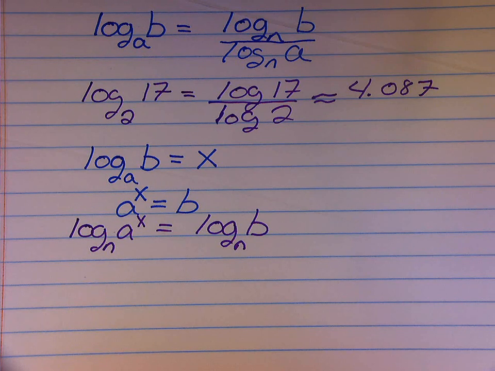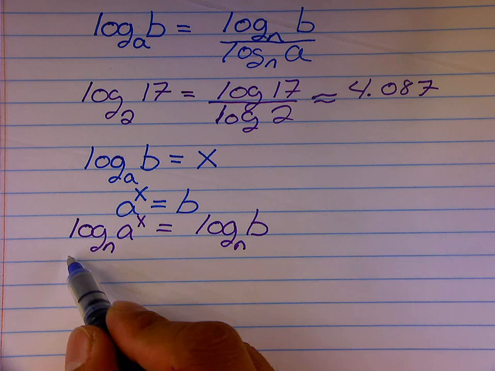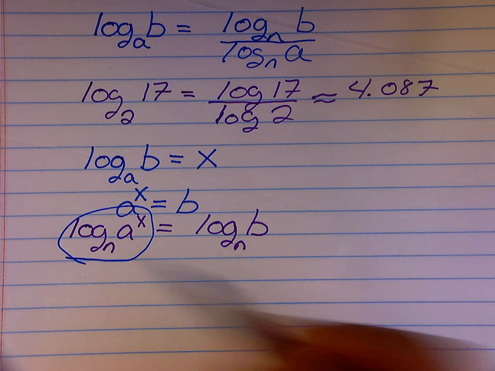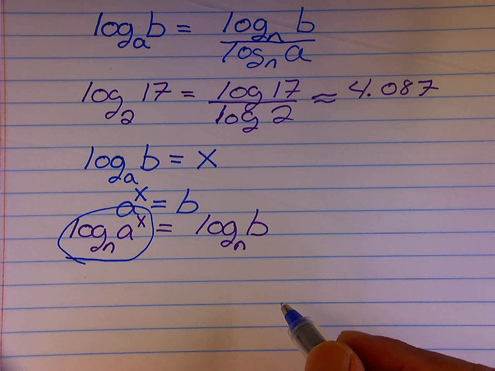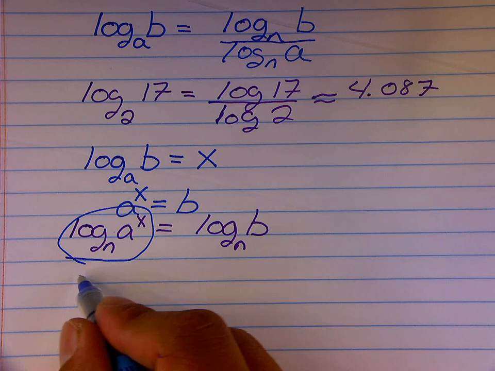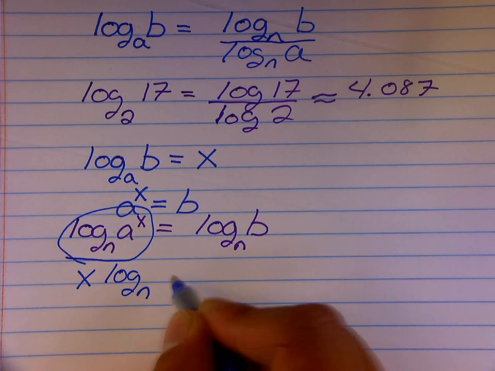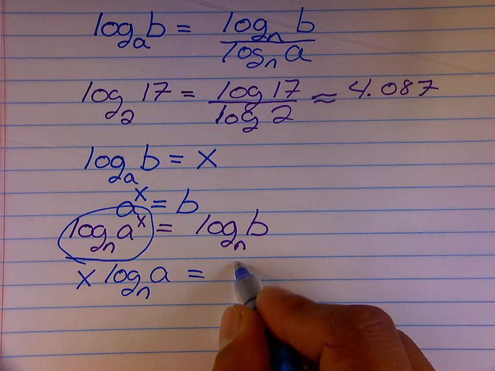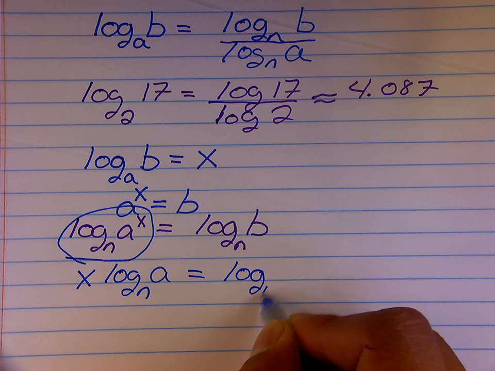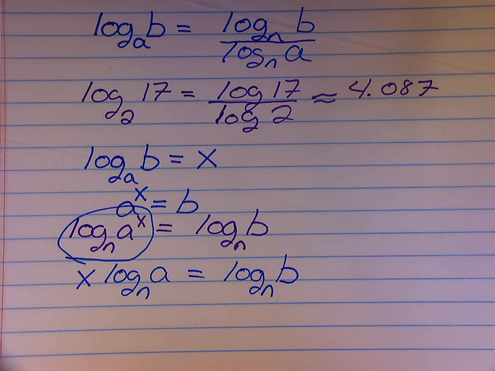Now, in my very first proof, I said that this can be rewritten as x log base n of a. I did not change the value. I did not recalculate it. All I did was use a property that has been proven.